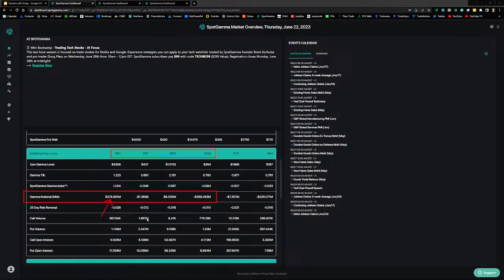Gamma notional has decreased the last couple days. For SPX, still positive, and for SPY, that number has become more negative starting on Tuesday and becoming again more negative now, down to minus 1.368 billion. And NDX I don't pay a lot of attention to. That's pretty insignificant compared to the other numbers. And then note the gamma notional for QQQ is negative, and that has also decreased from yesterday.